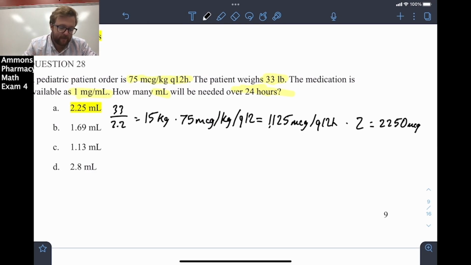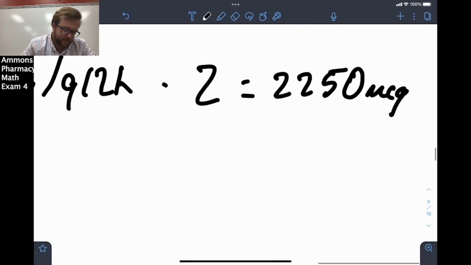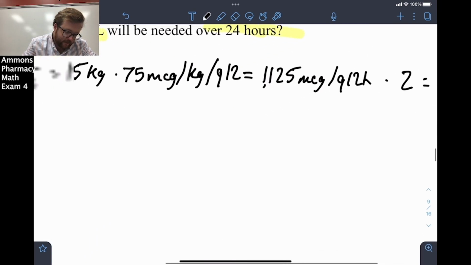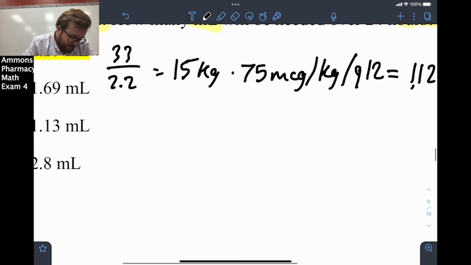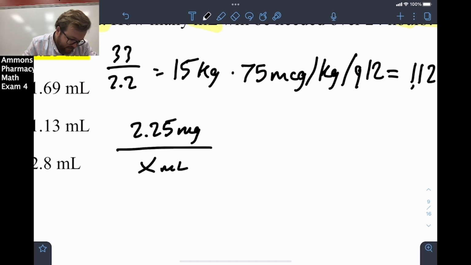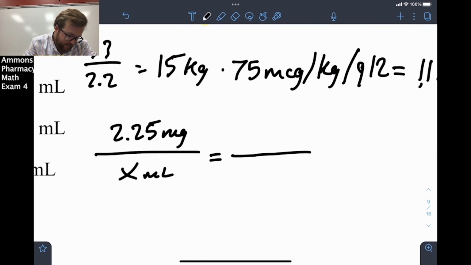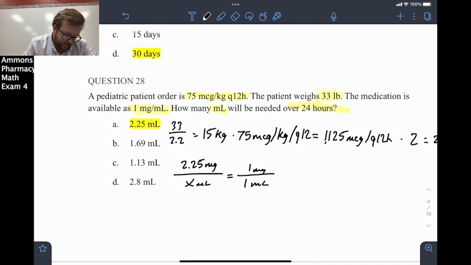Just like the previous problem, we just need to take off 3 decimal places. So 1, 2, 3, that turns into 2.25 milligrams in 1 day. What is the drug supplied in? It's in 1 milligram per mil. So it's literally just 2.25. Okay.